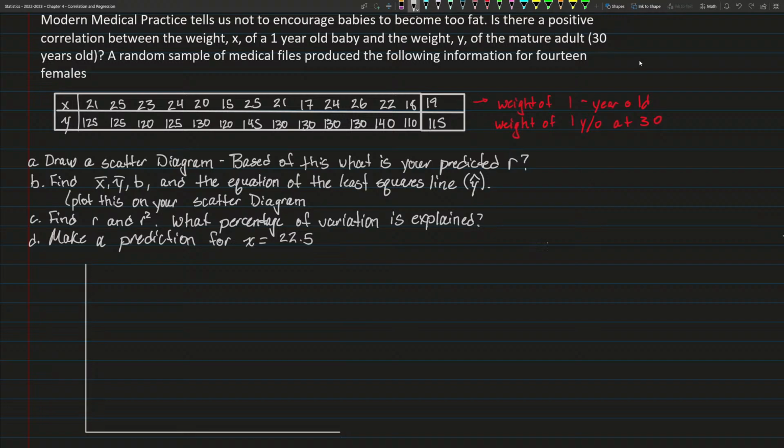Let's see. Okay, so X values go from our minimum, which is 15, all the way up to, looks like 26. So that's 9, right? So we can do this.